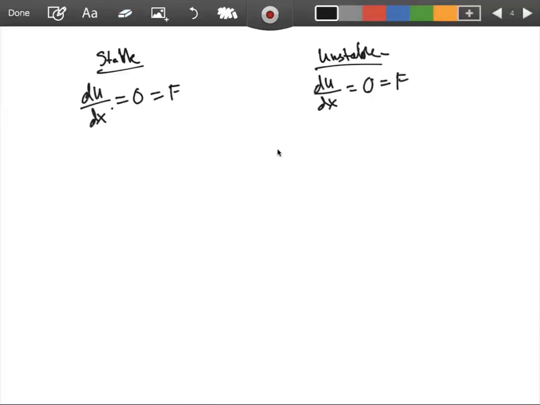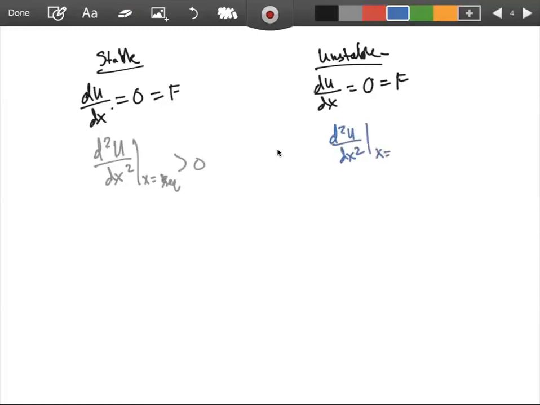However, the stable equilibrium has that its concavity is up, which means that the second derivative at the equilibrium position is positive, while for the unstable equilibrium, the second derivative of the potential with respect to position evaluated at the equilibrium position is negative, right?